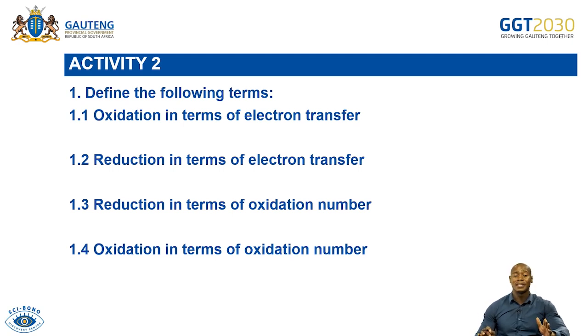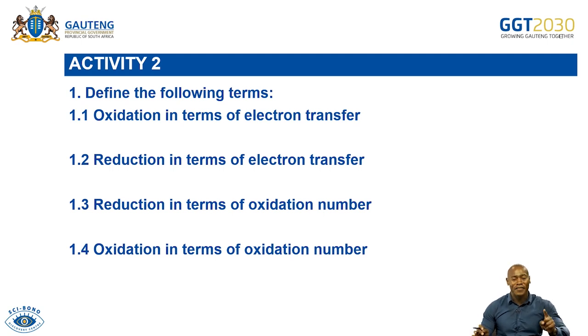When it comes to oxidation, a question cannot just say define oxidation. A question cannot just say define reduction. But a question can say define oxidizing agent, and a question can say define reducing agent, right? They cannot say define oxidation.